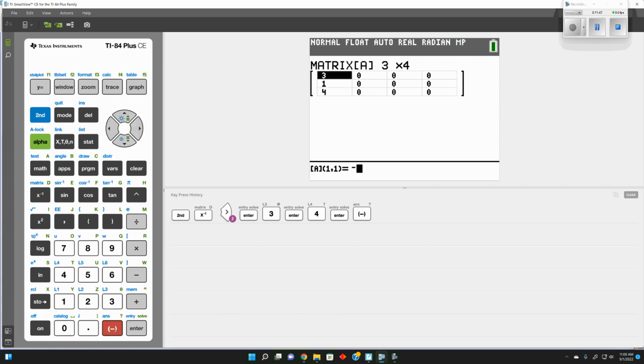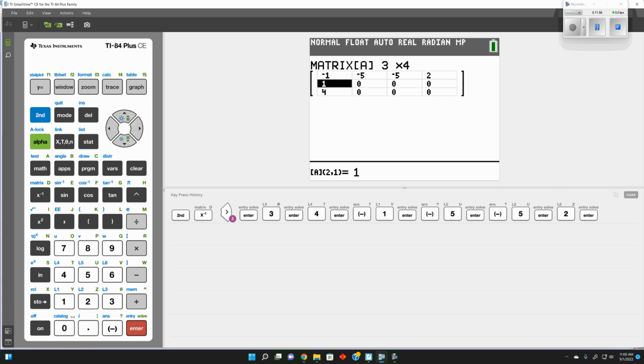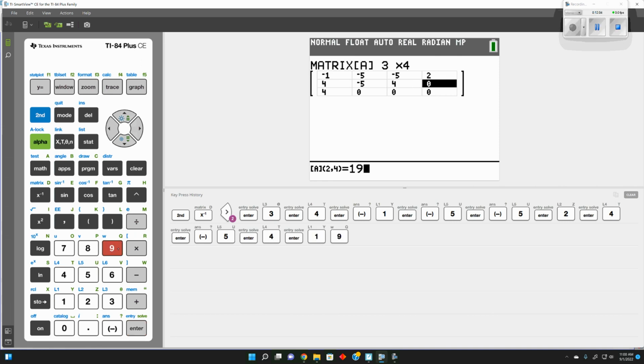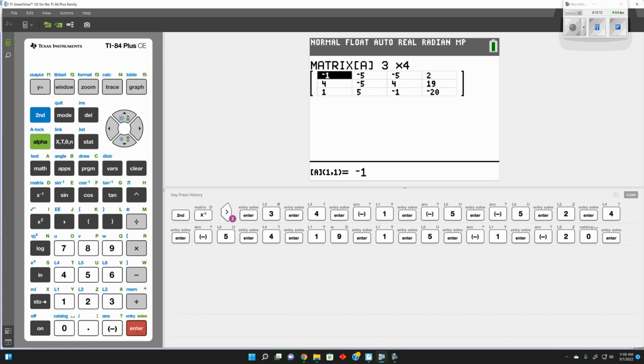So we'd have -1, -5, -5, and 2. Then we'll plug in the next set, which would be 4, -5, 4, 19. And lastly, we'll have 1, 5, -1, and -20.